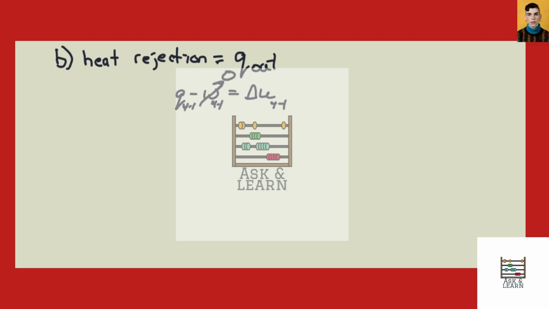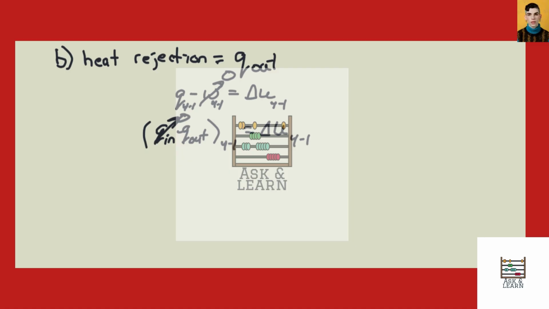If you break down heat to heat in minus heat out at 4-1, that is equal to the change in internal energy, process 4-1. Well, there is no heat in. This process, all we have is heat out because it's a heat rejection.